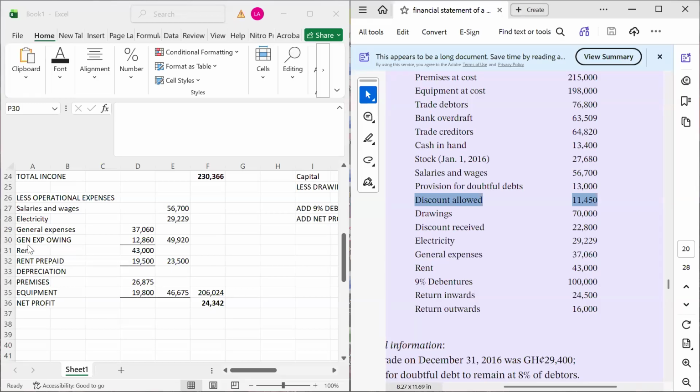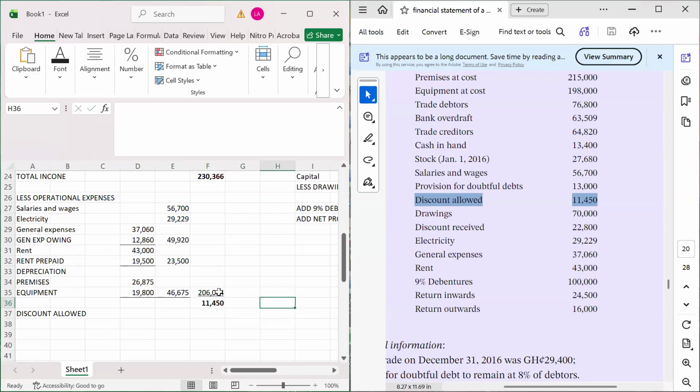But in your case, what you have to do is you can just cancel this figure, this word, and then leave the total. Then you come here and you say discount allowed, and then you bring the figure, which is how much? 11,450. It's 11,000. How much? 450.